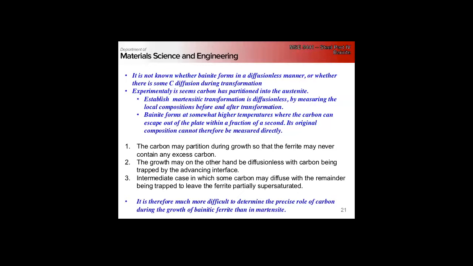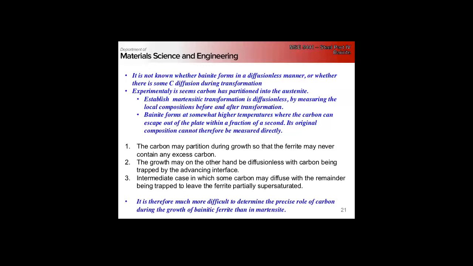The second is that it's diffusionless and the carbon is trapped by the interface and we have a completely supersaturated ferrite, which then diffuses out. Or it can be intermediate, where some carbon can diffuse with the remainder being trapped, and we only have a partially supersaturated ferrite matrix, right? And which of these is the case, we still don't really know.